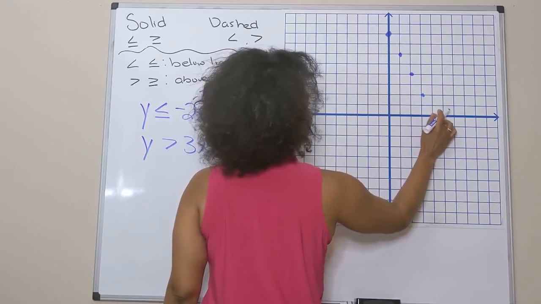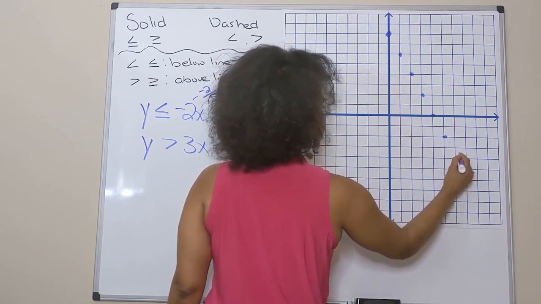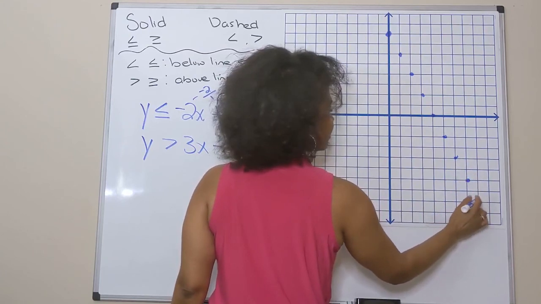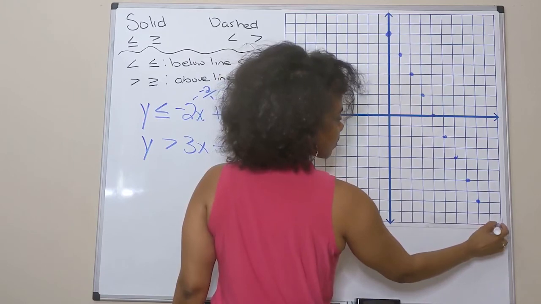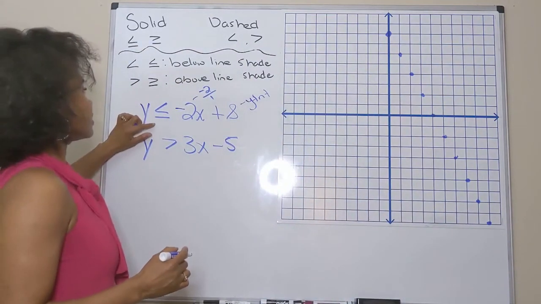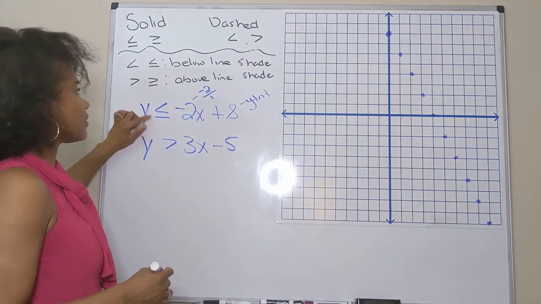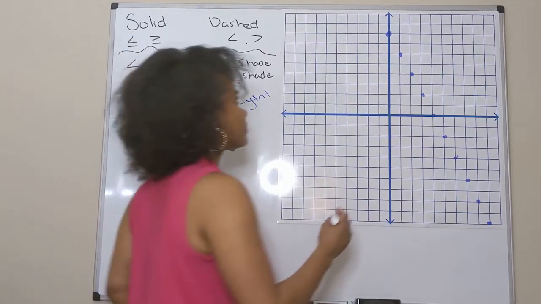All right. Keep doing that until I reach the end of my graph, just to be precise. And since it is an equal to sign underneath, less than or equal to, it's going to be a solid line.